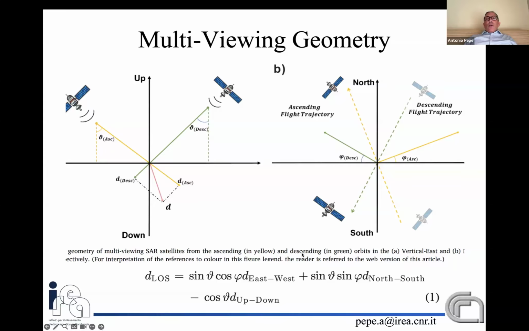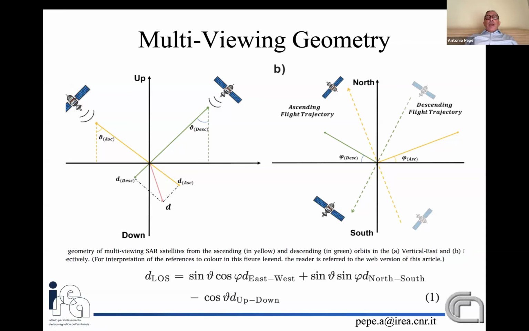So typically what we can say is that this component of deformation is not so important, and so we try to decompose the deformation along the east-west and the up-down. And this is typically done when we work only with satellite data.